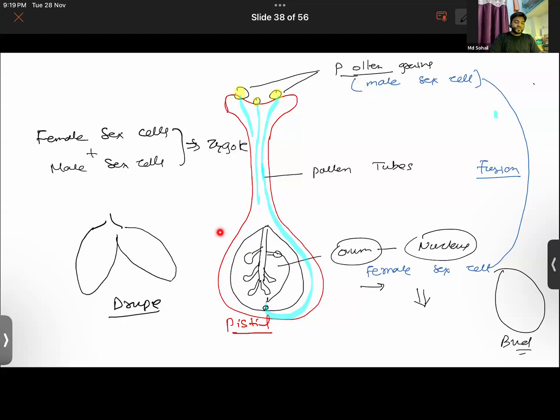This pistil that you see over here splits into two halves, and generally it is believed to be two separate flowers, two separate fruits, but it is the same fruit. Because of the excessive heat, it has just split into two.